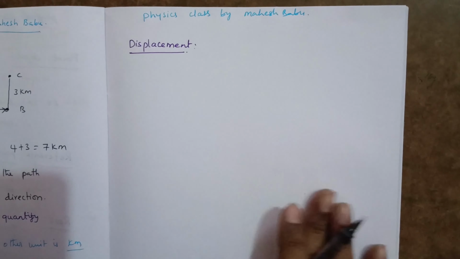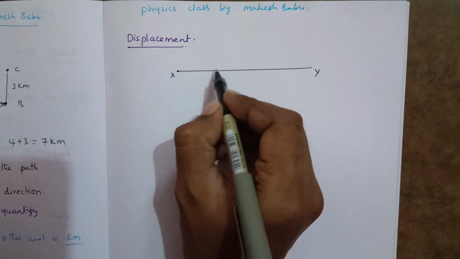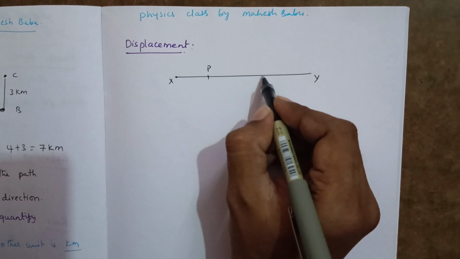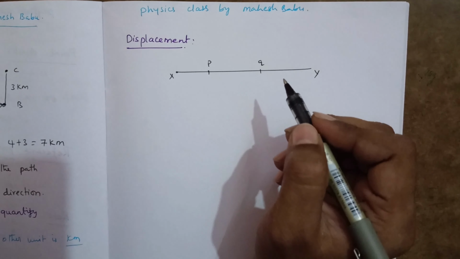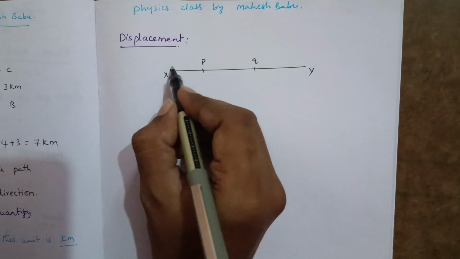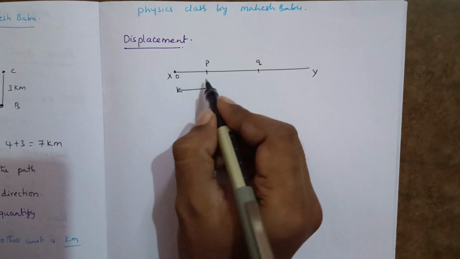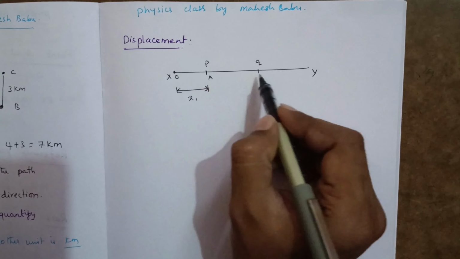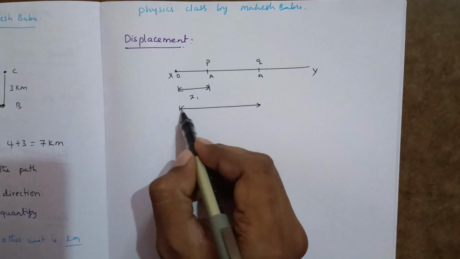You can explain displacement in another way also. For example, in motion along a straight line, or one-dimensional motion, an object is at P, travels towards Y and reaches Q. We can consider this as the origin O. The position of object A when it is at P is x1, and while coming to Q, the position of object A is x2.